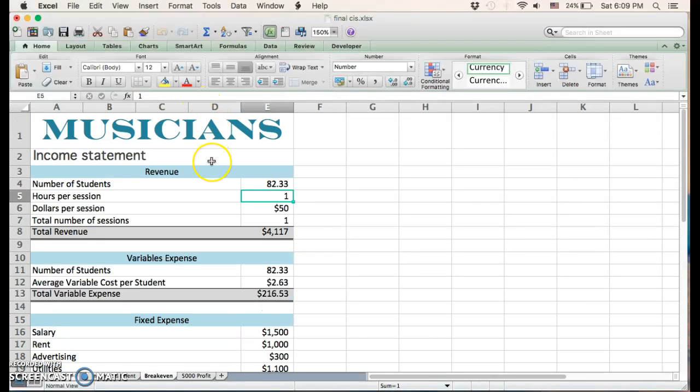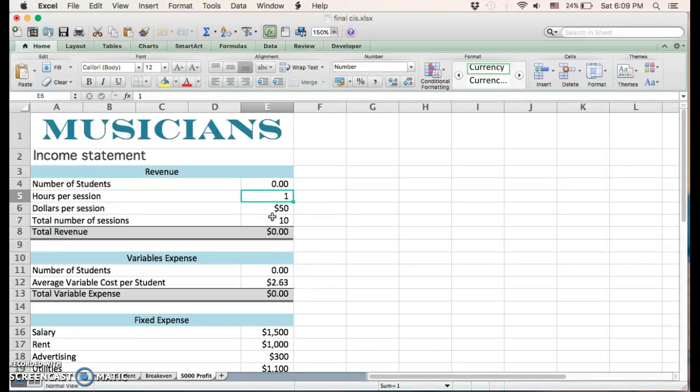Now that we used Solver to break even, let's try to use Solver to see how many students it needs to make a $5,000 profit. In this scenario, I changed it up a bit by changing the total number of sessions to 10 because, like I said before, a student who comes in for only one lesson and never comes back does not sound likely.